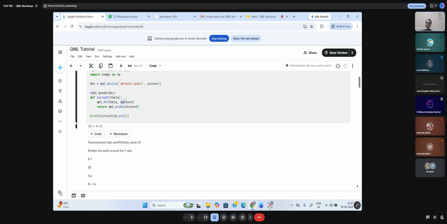You are passing 0 as an input in the wire, and then later on you are calculating the probability for 0. Once it passed through the rotation circuit, RX, you are going to get the results for that, and there will be 50-50% chances. As above, here also you are getting 50-50% chances.